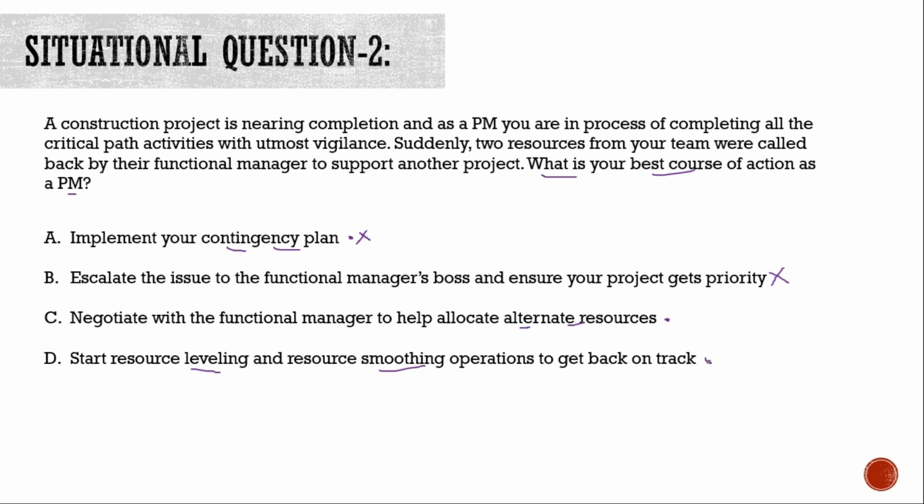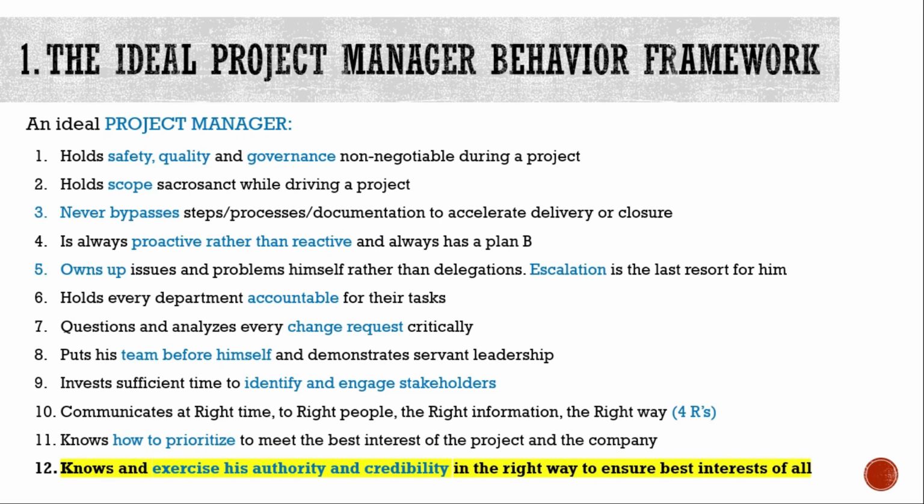Okay, now if you look at option D, guys, it is saying starting resource leveling and resource smoothing operations. Now this actually goes against your project manager behavior framework. So if you see point number 12 of our ideal project manager behavior framework, you will see that it mentions a project manager knows and exercises his authority and credibility in the right way to ensure the best interests of all.